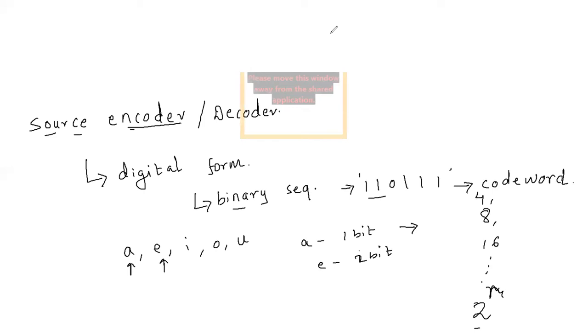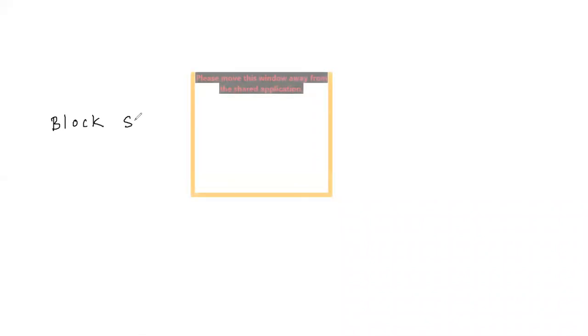This is how we can explain the meaning or definition of the source encoder with one example. Next, we'll see the block size. Whatever parameters I am defining here are very important for the next discussion and the consecutive chapters.